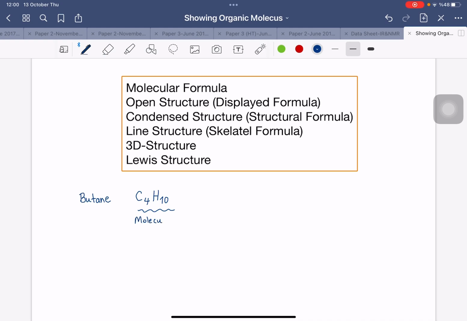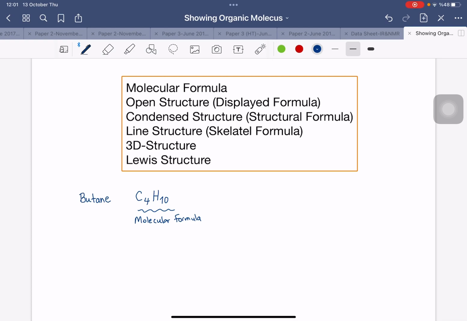The molecular formula of butane demonstrates to us that butane is made from 4 carbon atoms and 10 hydrogen atoms.